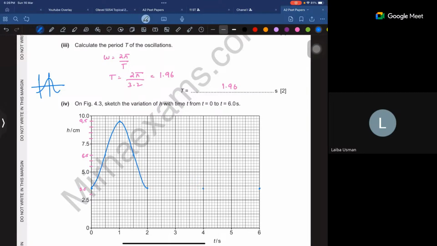Same goes here. Make sure you plot the right points. So it should look like this actually. All right. One more tough question actually.